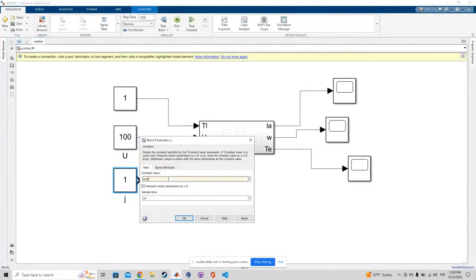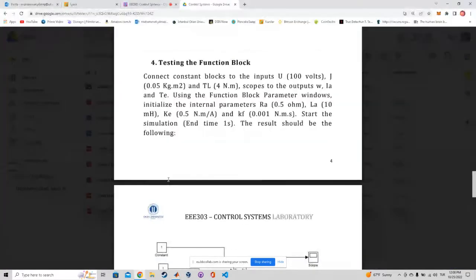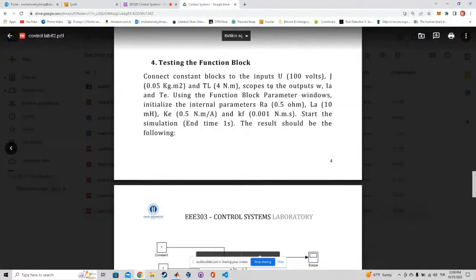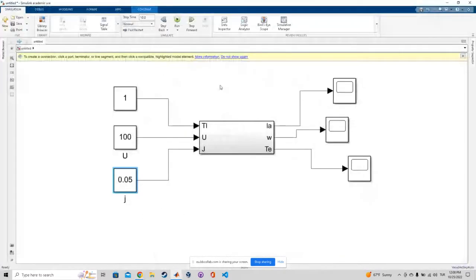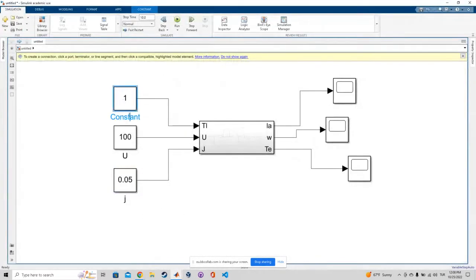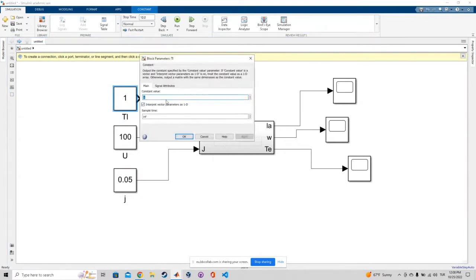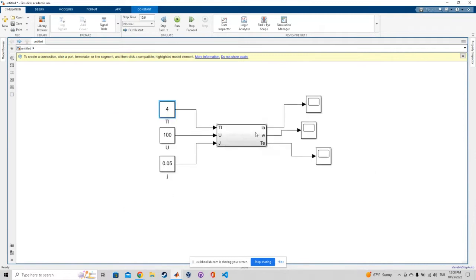Well, 0.05, all right. Then our TL torque is 4. We change it to 4.